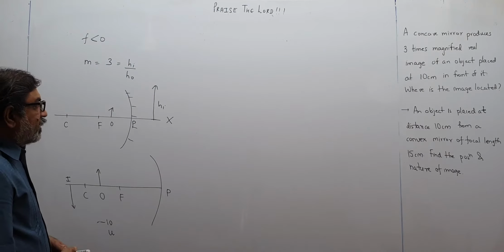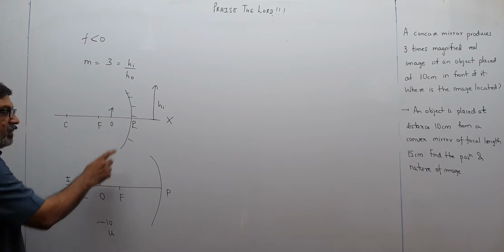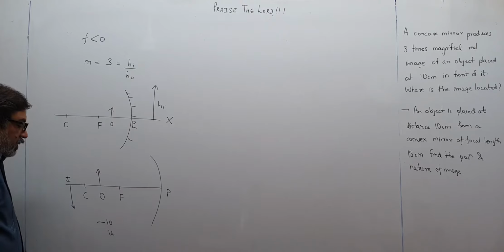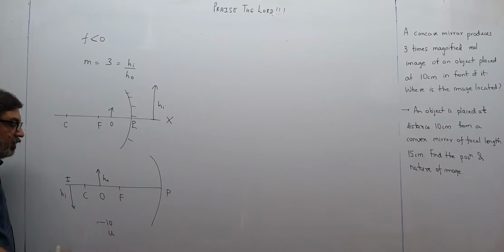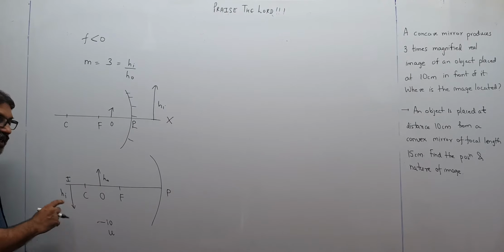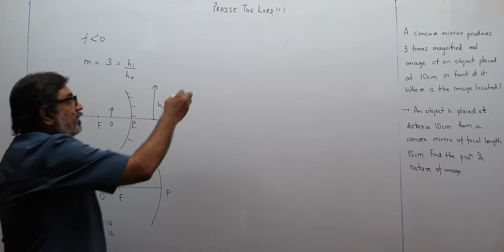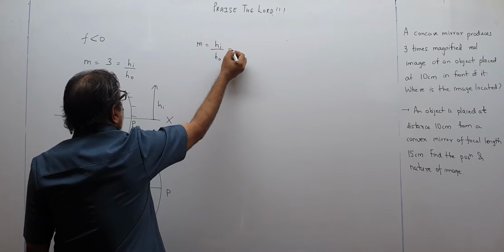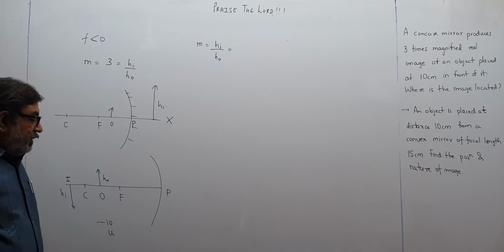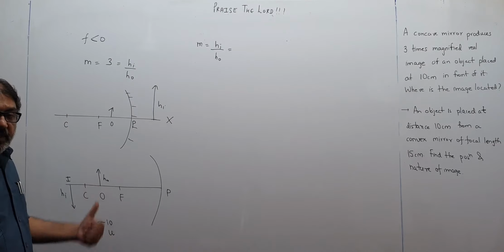So children, I know that this is my HO and this is my HI. Now I can see HO is plus and HI is minus, inverted. So the magnification, which is HI upon HO, should be negative. Plus upon minus, minus upon plus.